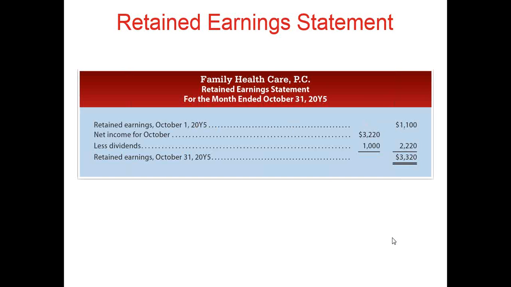Our balance sheet and our statement of cash flows. Once again, you can see how these are all related to each other.